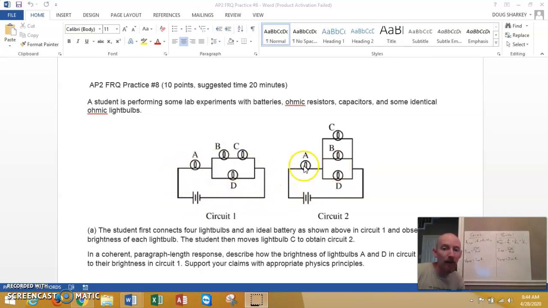So A here sees the total current in both of these circuits. All those electrons are going to pass by A, so A is going to be brighter than those other guys. What I say is that A has the biggest drop. In other words, it's going to get the most amount of pizza, and then whatever's left over is going to be shared by these guys.